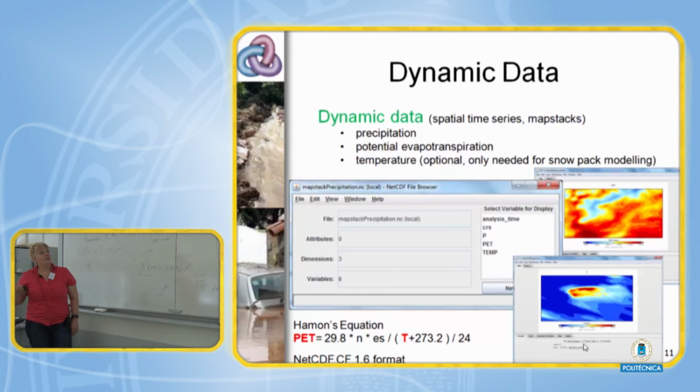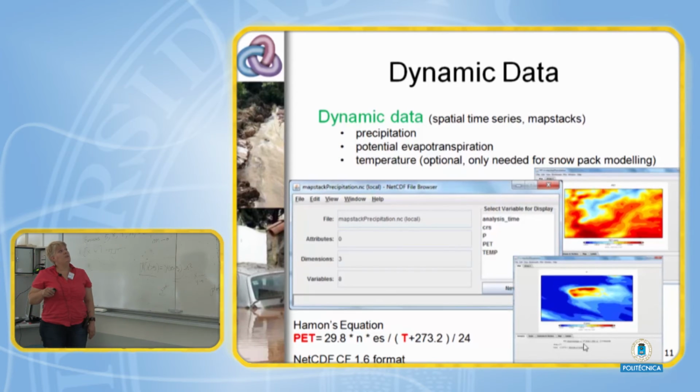All of the input data should be put in one netCDF CF file. Here are the variables that need to be defined in this file. You can, as my colleague said, visualize them with NCView, Panoply, or some other visualization tool.